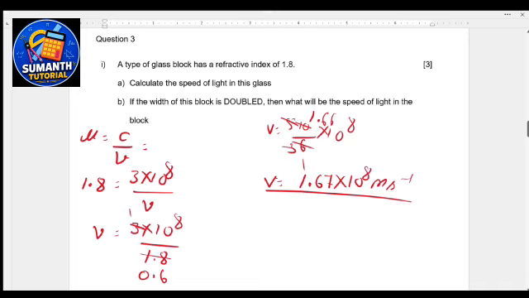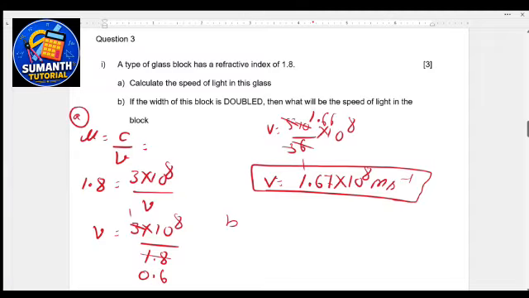So this is the value of V, means the speed of light in that particular glass will be 1.66, or you can write 1.67 into 10 raised to 8 meter per second. If you solve this one, you will get 2 marks. So this is for the question number A.